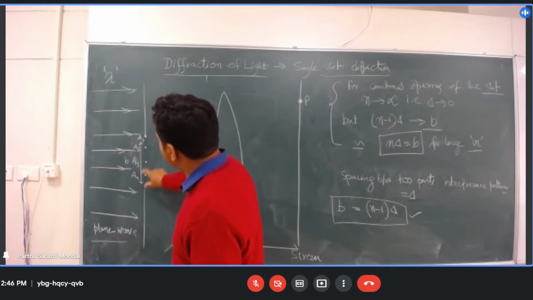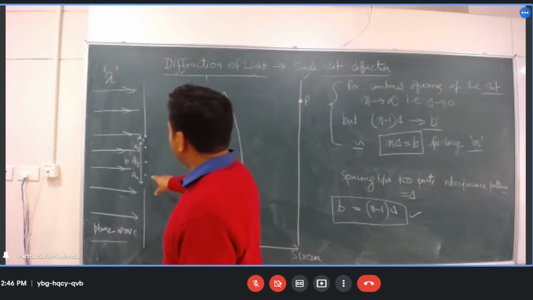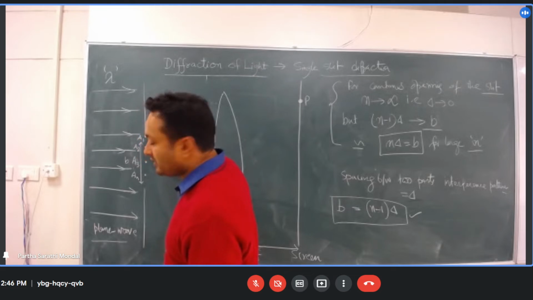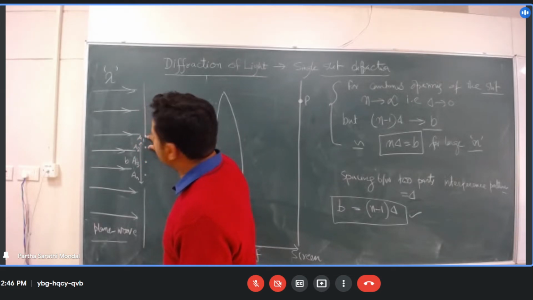What is the large number? Let's say n number of points में आप इस स्लिट को डिवाइड किए हैं, that means the spacing between them is delta.